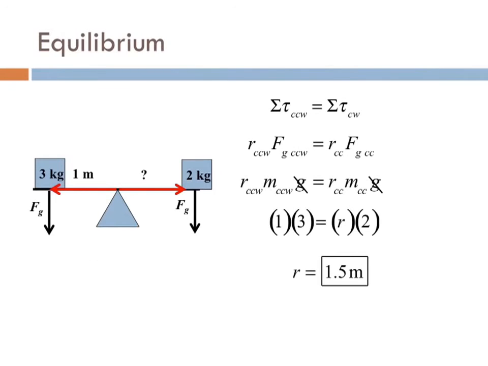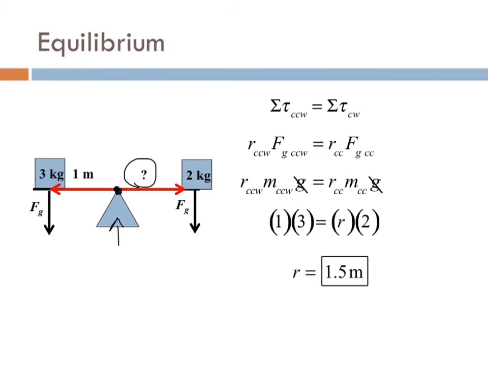What that means is if you look at this example, we have a 3 kilogram box 1 meter away from our axis of rotation, in this case our fulcrum, which is this triangle right here. It's our axis of rotation. And we have a 2 kilogram box some distance away from, again, our axis of rotation.